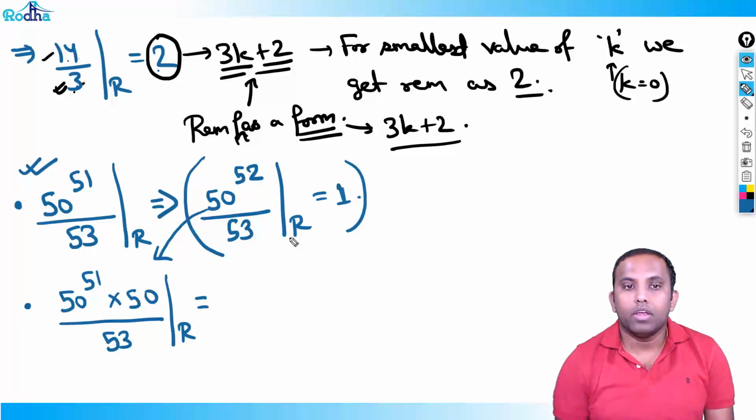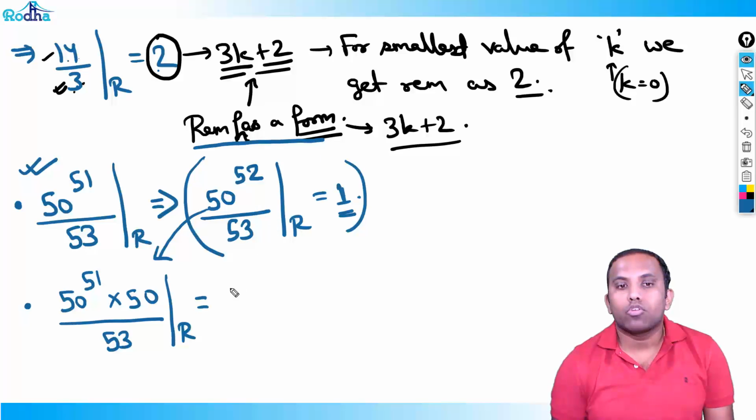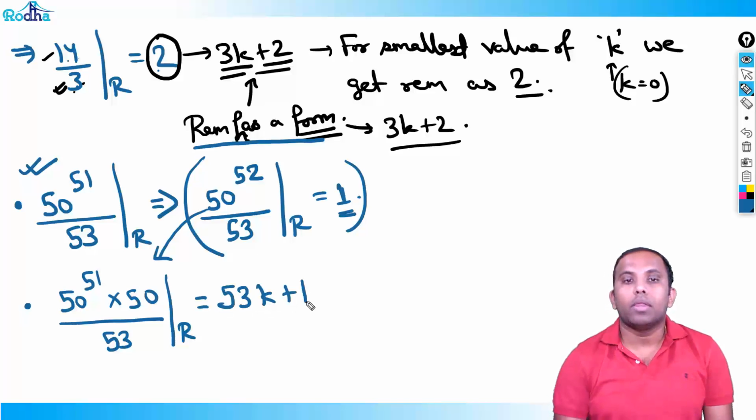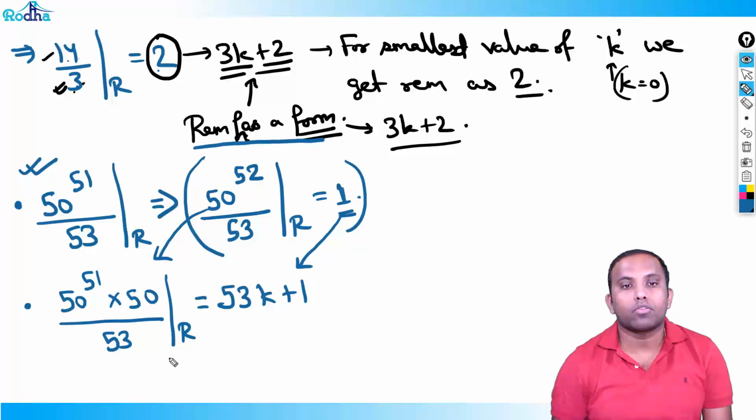What is the form of a remainder? A number which, when divided by 53, leaves remainder 1, is of the form 53k plus 1. You can write this step here: instead of 1, you can write 53k plus 1, right?